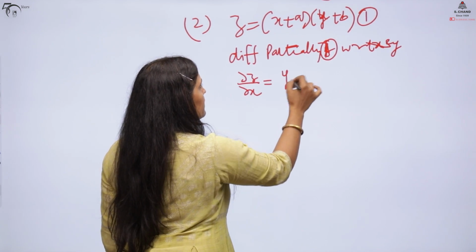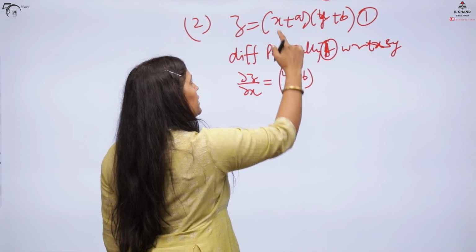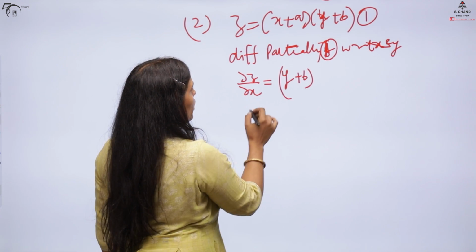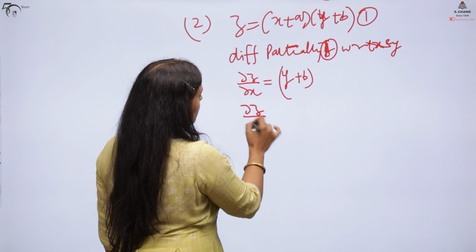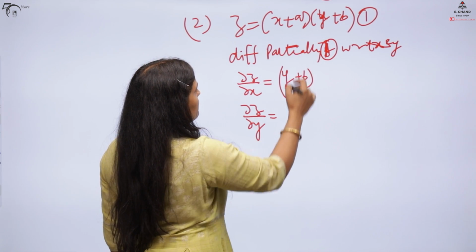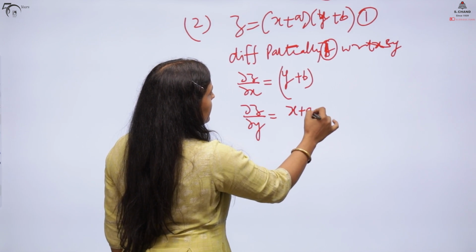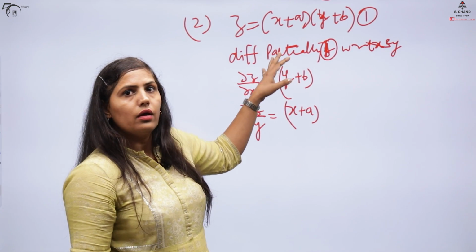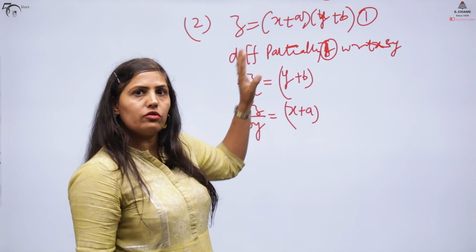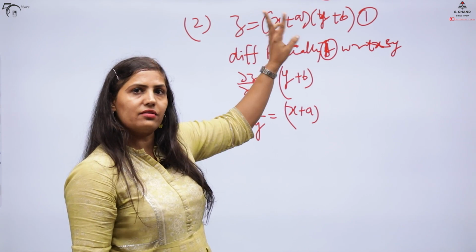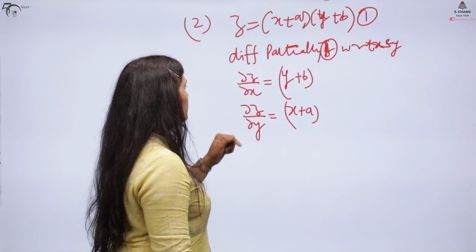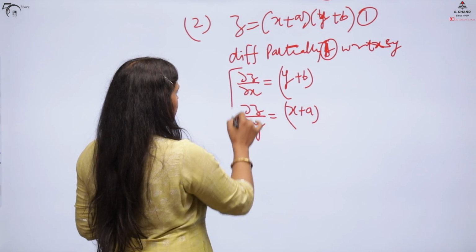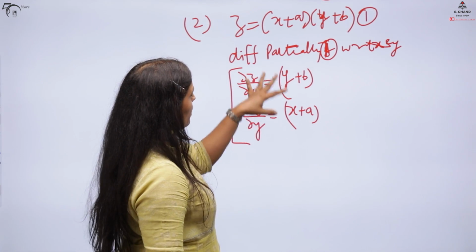It means y plus b is a constant and the derivative of x plus a will be 1. Now, with respect to y, the same way x plus a will be treated as constant. Sometimes you apply the product rule, but there is no need to, because the other variable becomes constant in partial derivatives. Now, you see what to do.